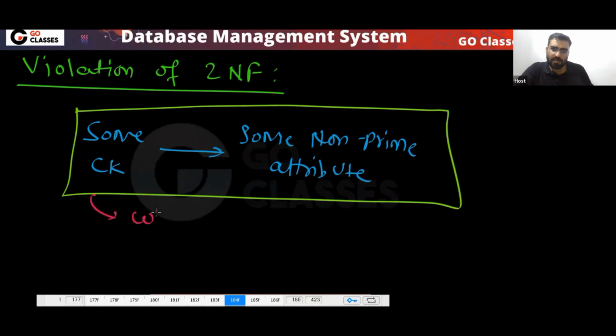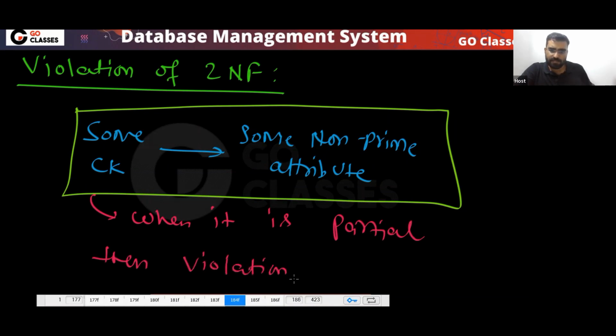When it is partial, then there is a violation of 2NF, right?